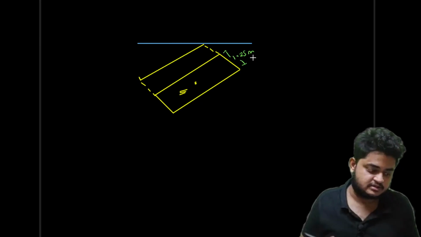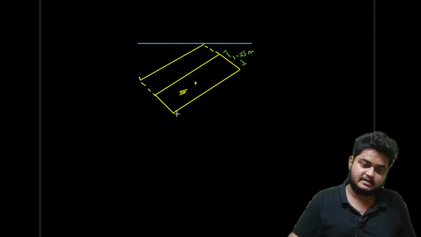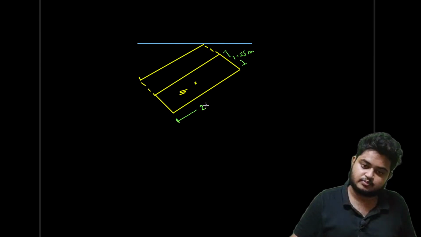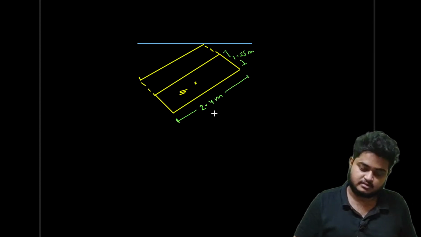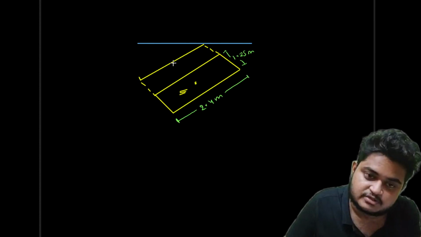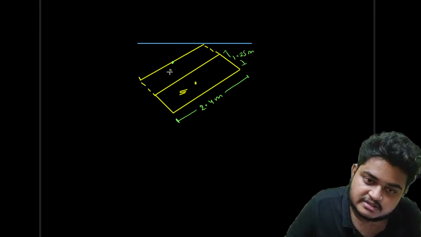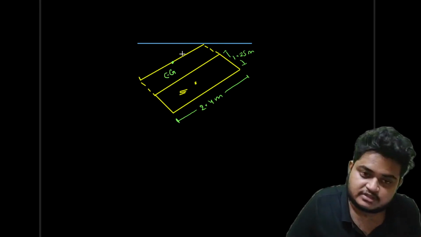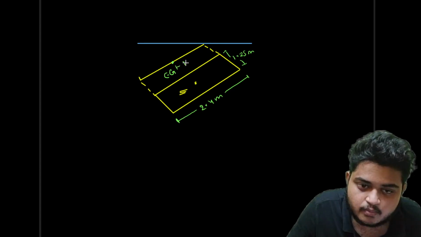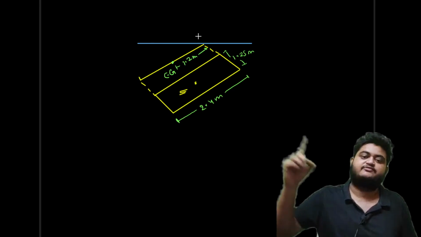This is 1.25 meter, and this is 2.4 meter. Obviously this is 2.4 meter, so this is the CG of this body, right, which is 1.2 meter from the surface.